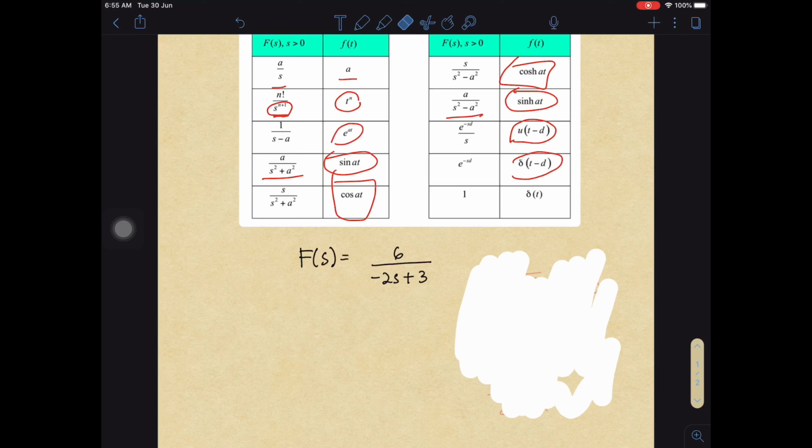Now what you have in your equation is F(s) equal to 6 over negative 2s plus 3. You can see that you have the single s with a constant here, but if you compare to the form of the Laplace transform for the exponential, your s must have a coefficient equal to 1. Therefore, you need to do some modification so that your s only has a coefficient 1.